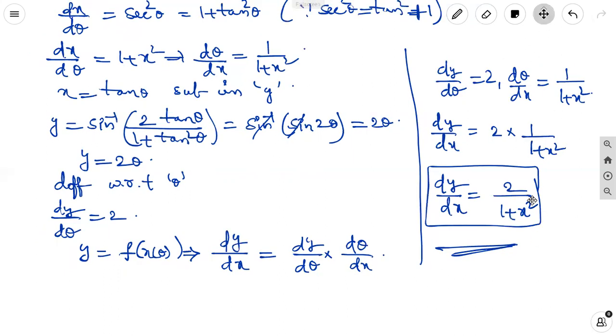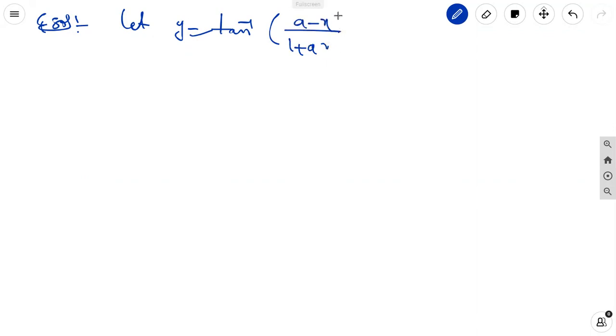Next problem, the fourth one. Let y equal to tan inverse of a minus x by 1 plus ax.